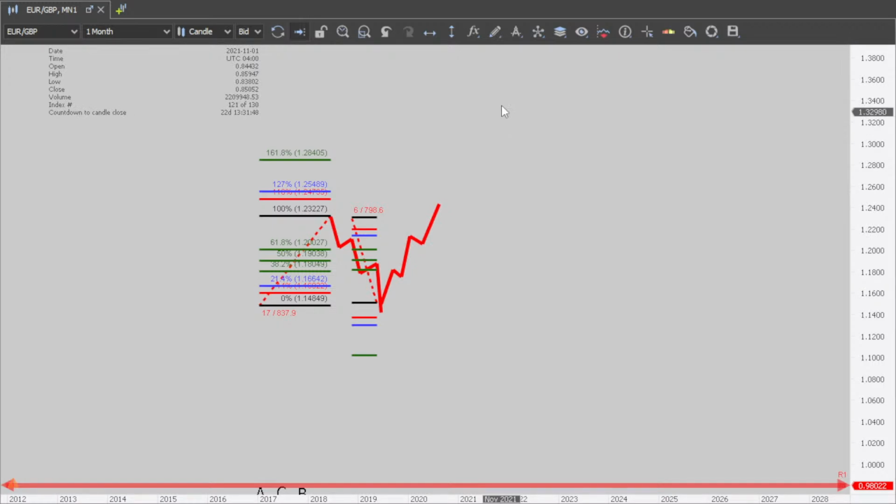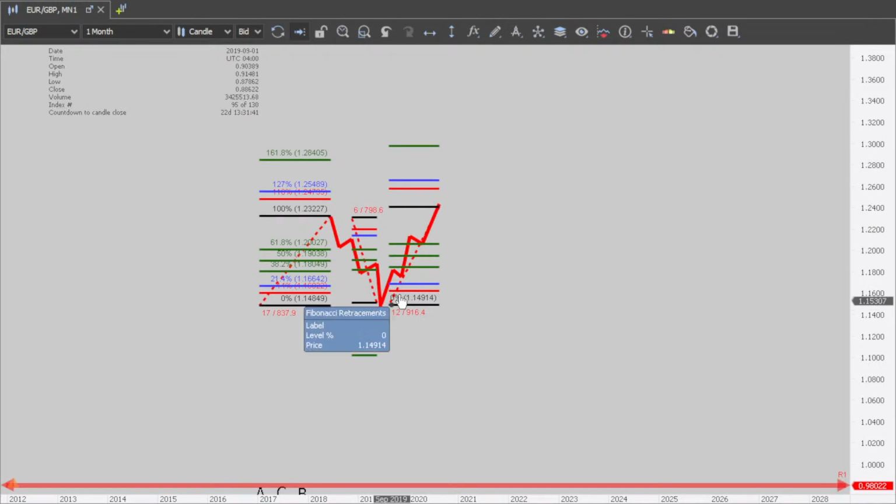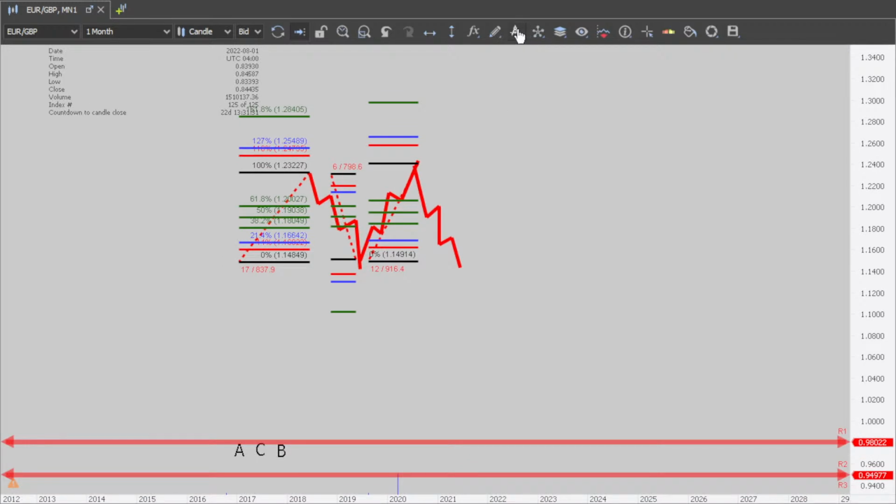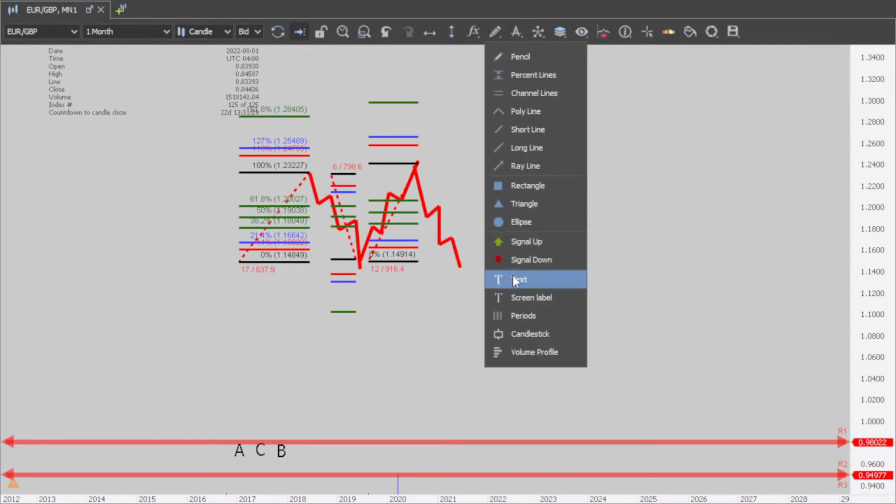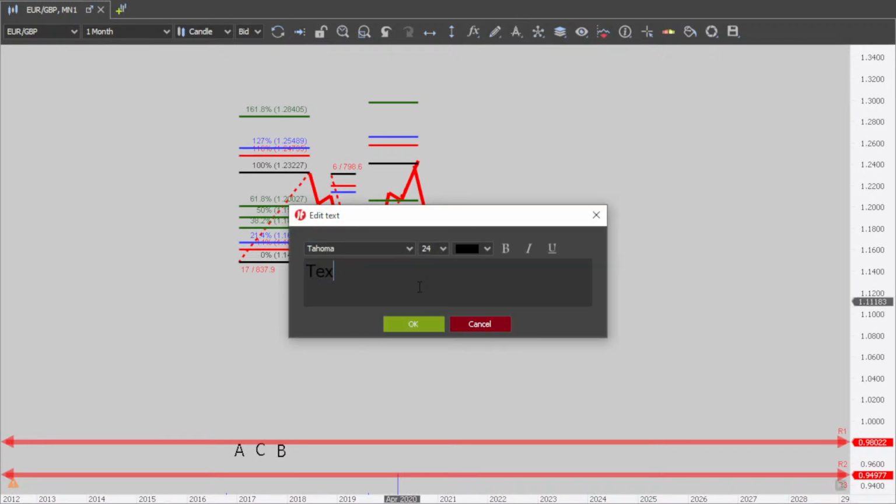And then you say, what the heck, one more time, and the market is going to go down and down and down again. Everybody, Fibonacci trading rule.